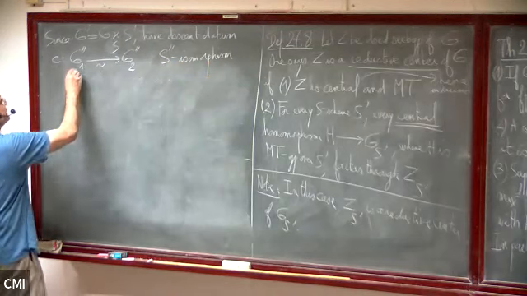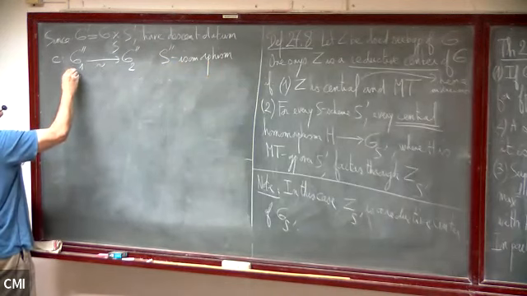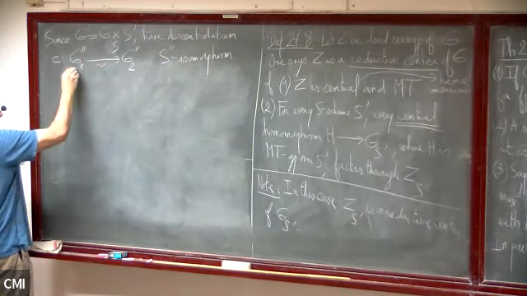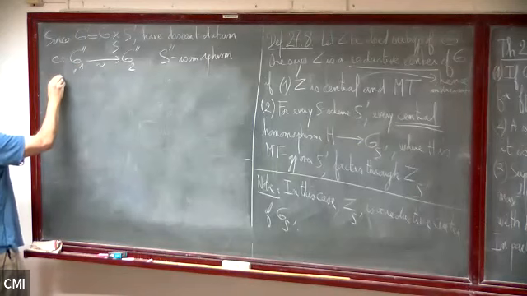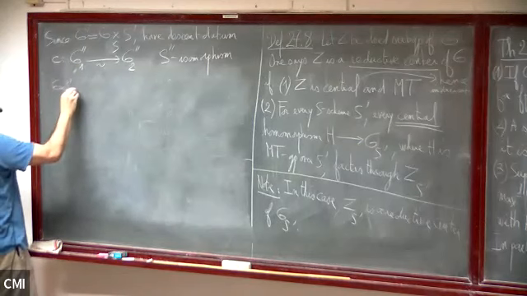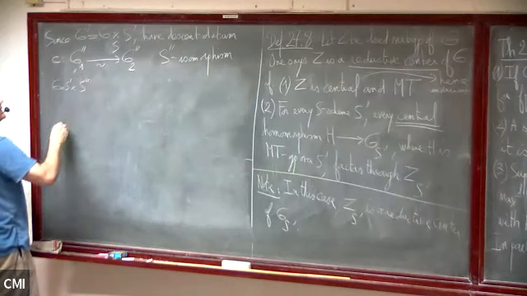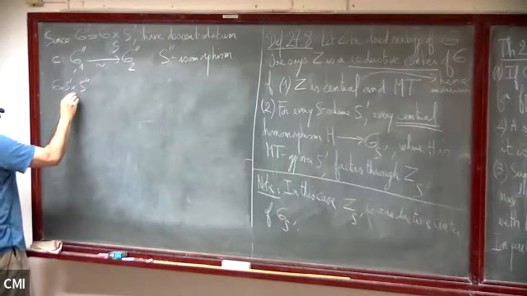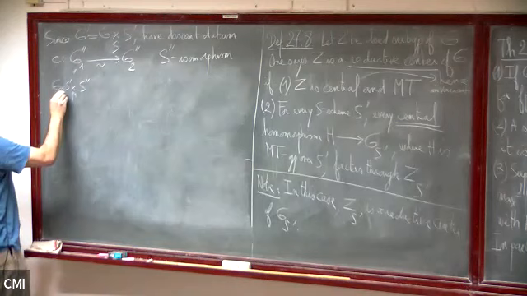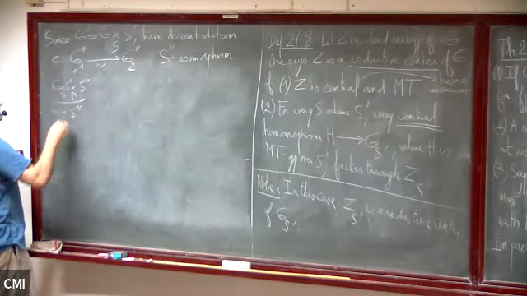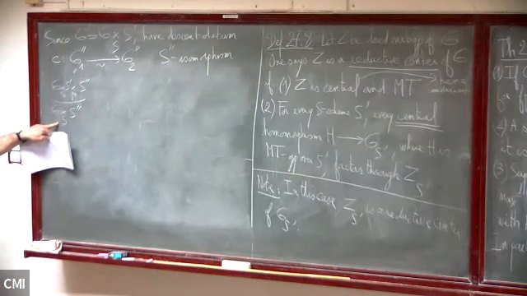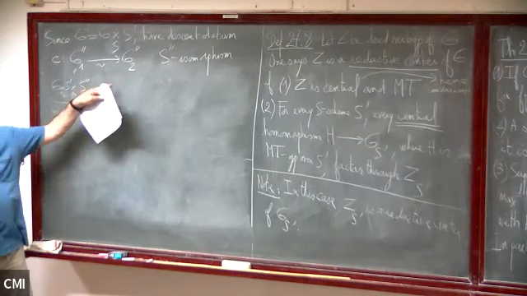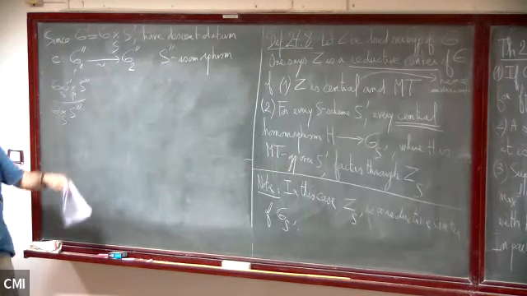Well, because what is this? This is G cross S prime cross S double prime, and here this is over P1, but this identifies with G cross S double prime without mentioning the choice of P1 or P2, and here the same. So these two are isomorphic.